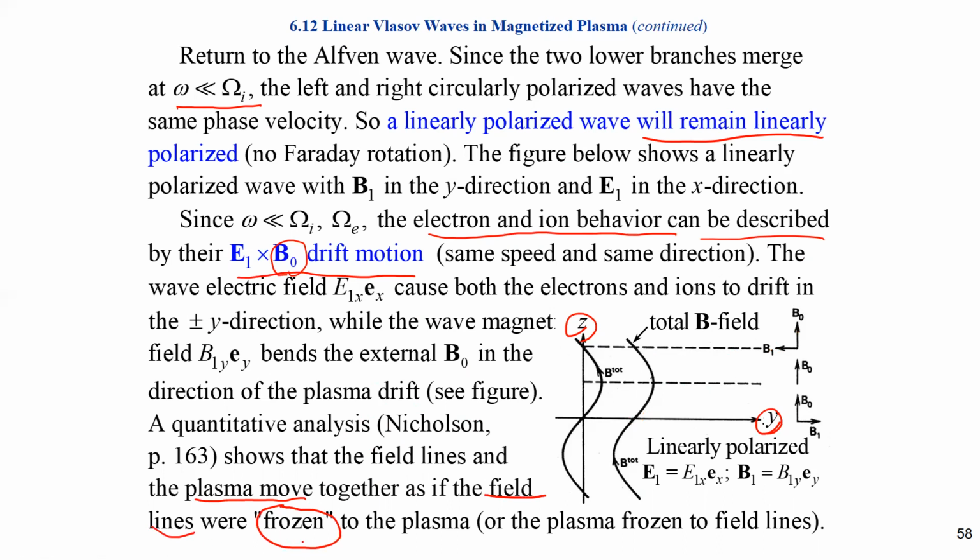The magnetic field line is frozen to the plasma, or the plasma is frozen to the field line, the same. They have the same response, same behavior. So therefore, they are frozen together.